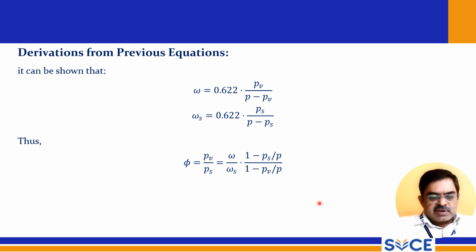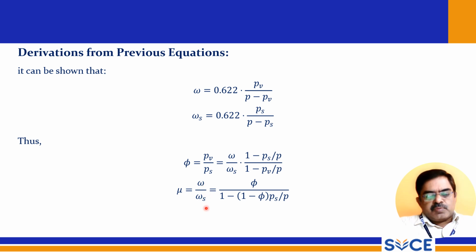So this is how relative humidity and degree of saturation are related. And mu equals W by Ws equals phi by (1 minus phi) into Ps by P. So this is how we can calculate mu, phi and omega s. These three can be found out.